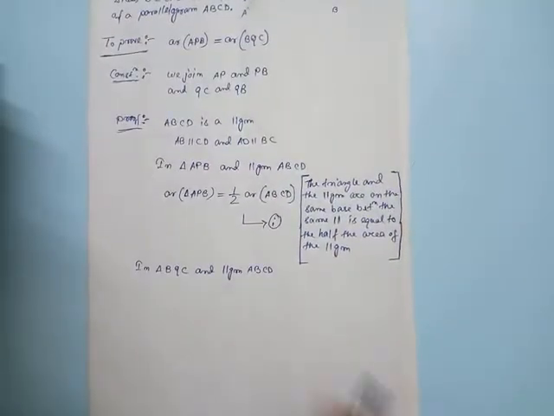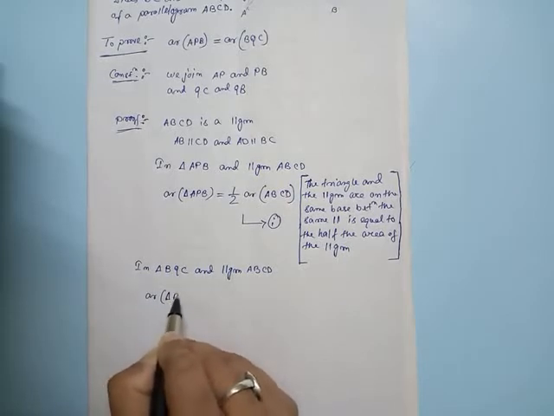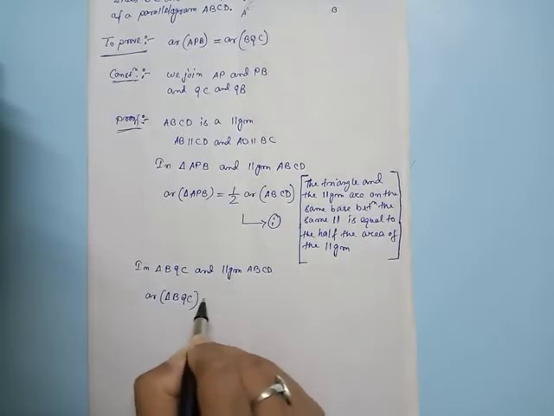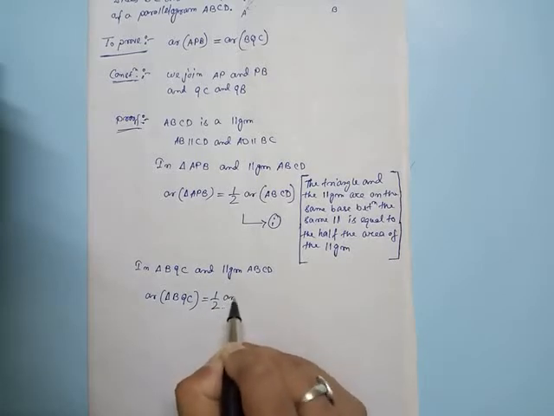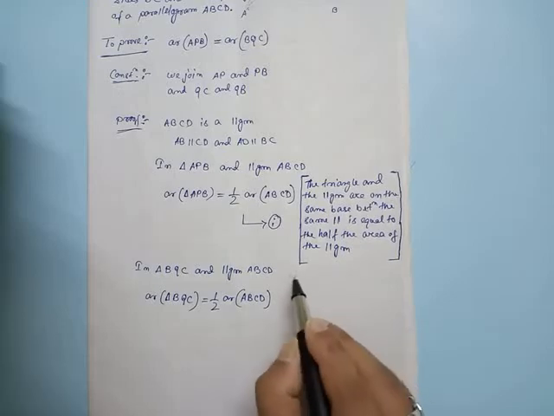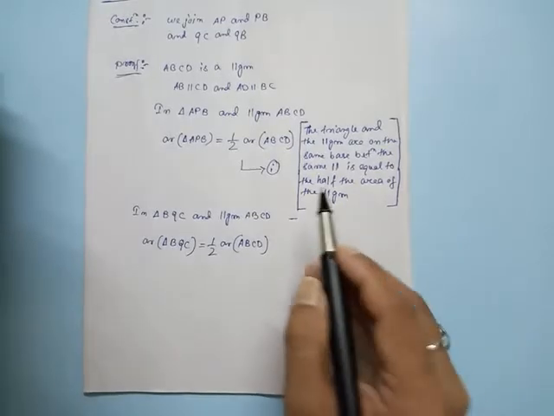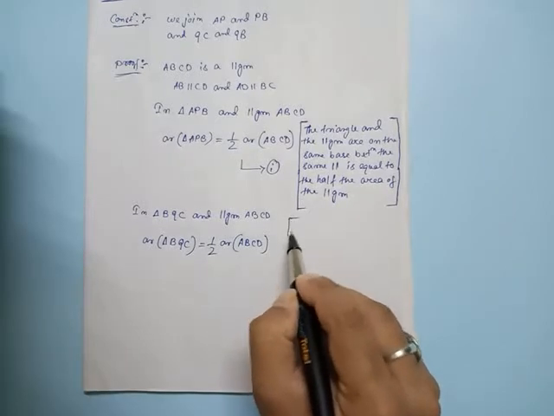So again I will write here, area triangle BQC equals half area ABCD, and the reason is also the same here. So student, here also I will write the same reason.